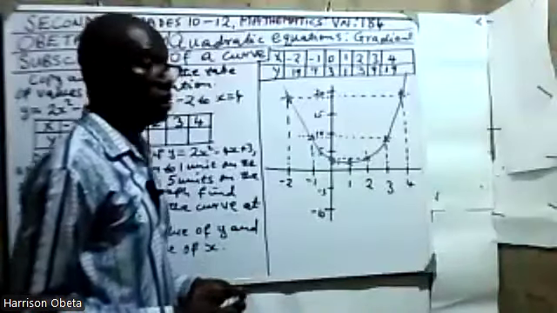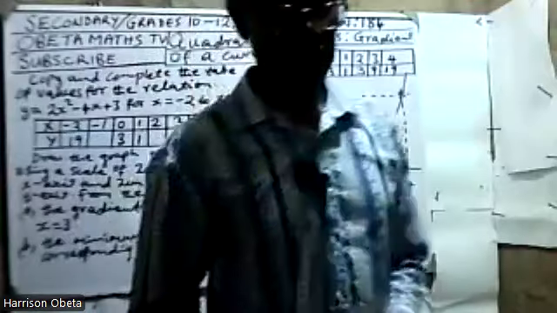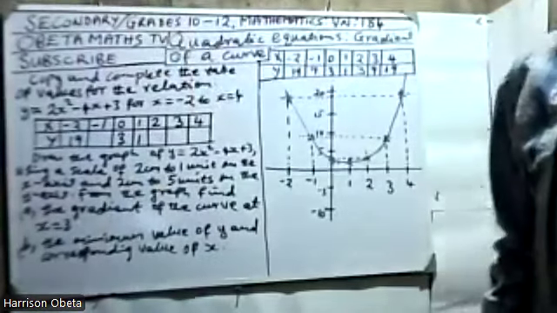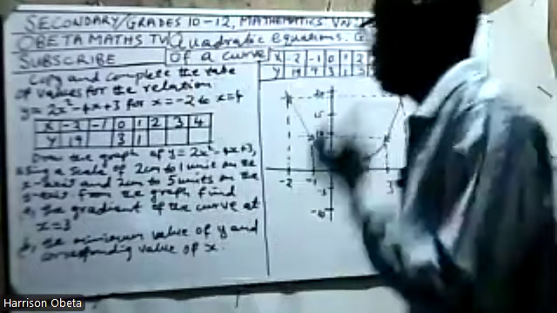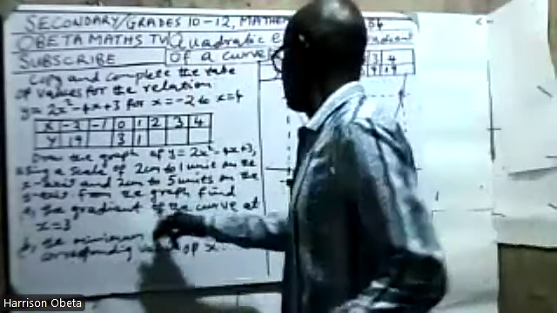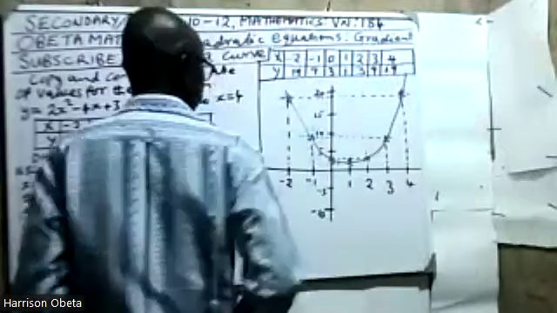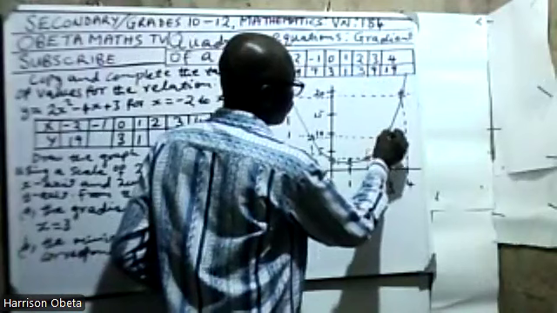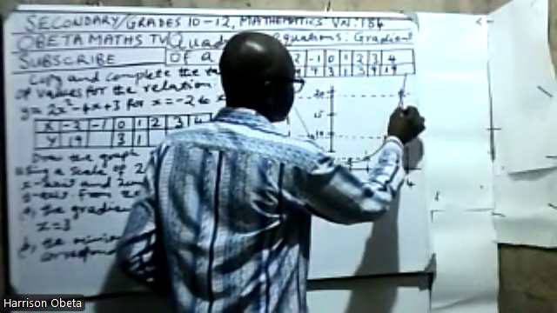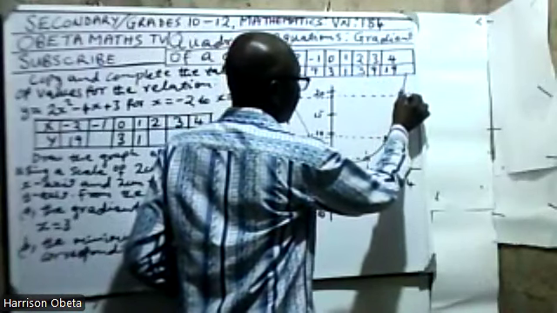Then the next thing is for us to go back and answer the question. It said, find the gradient of the curve at x equals 3. X equals 3, that is at this point. You have to draw a line that passes through here.